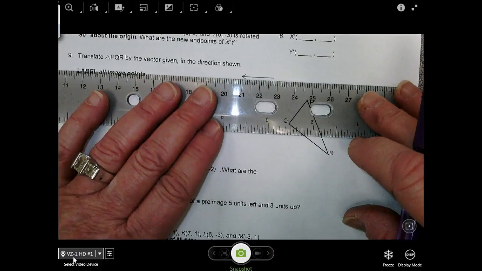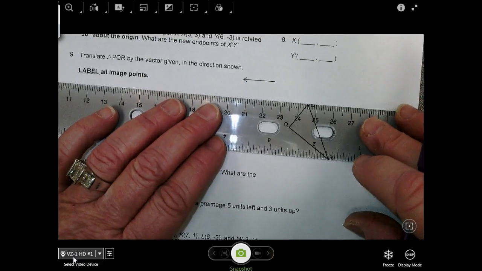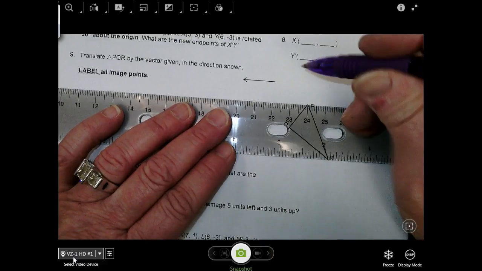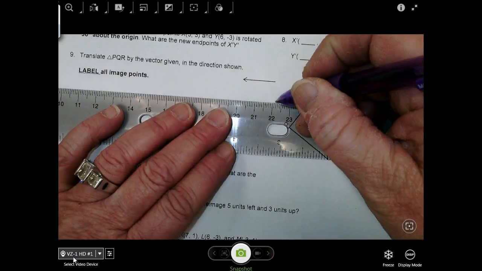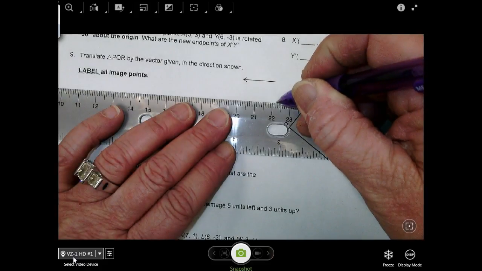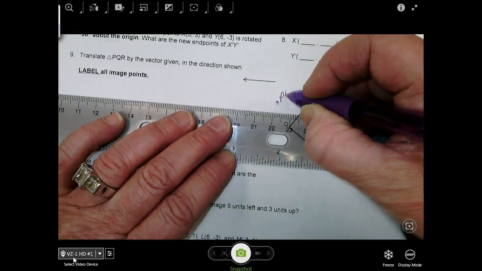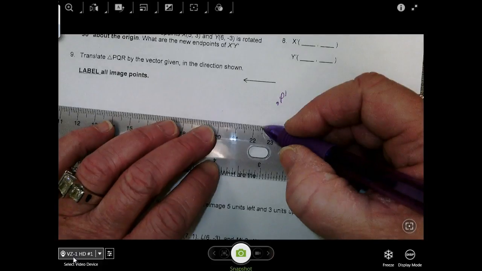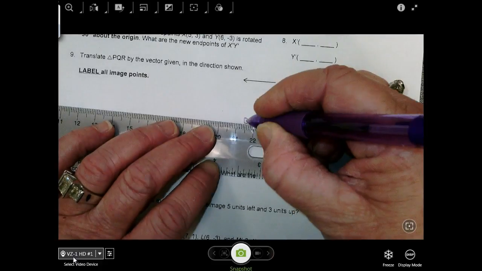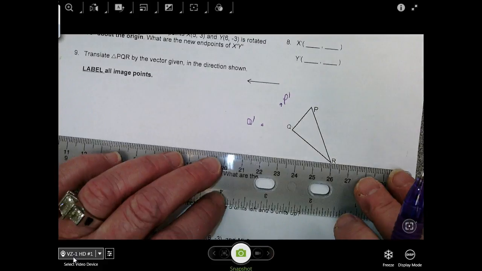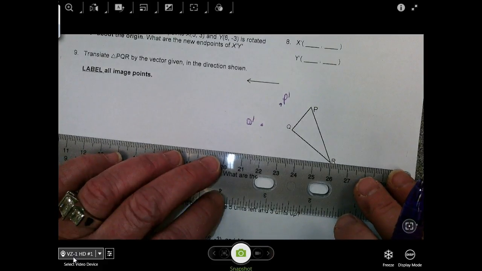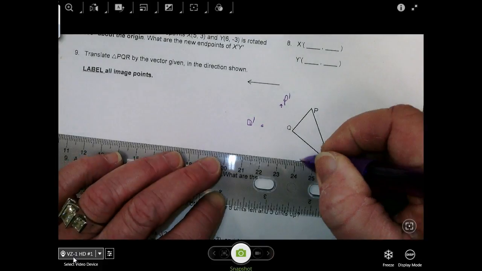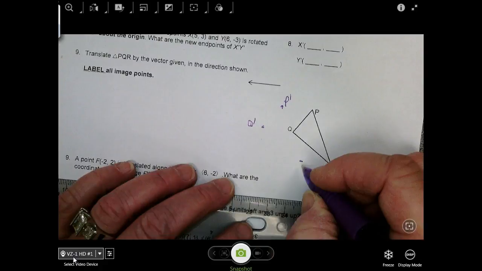So I'm going to hold the ruler horizontally, and I'm going to go to point P, line up any way your mark you want, and count 5, 10, 15, 17 millimeters to the left. That's where P prime is going to go. Do the same thing for Q, 5, 10, 15, 16, 17. That will be Q prime. And then hold that horizontal, and from R, 5, 10, 15, 17 millimeters to the left in that direction.